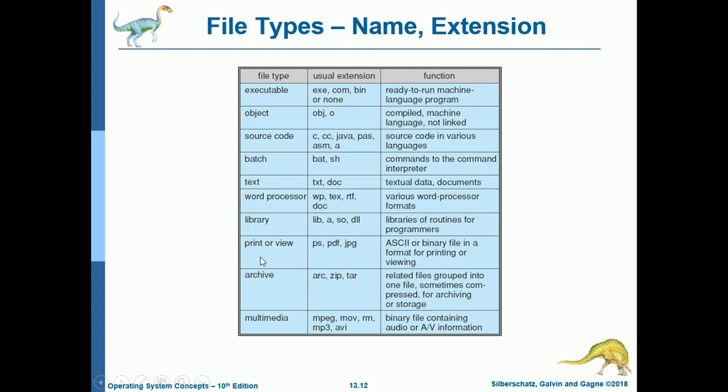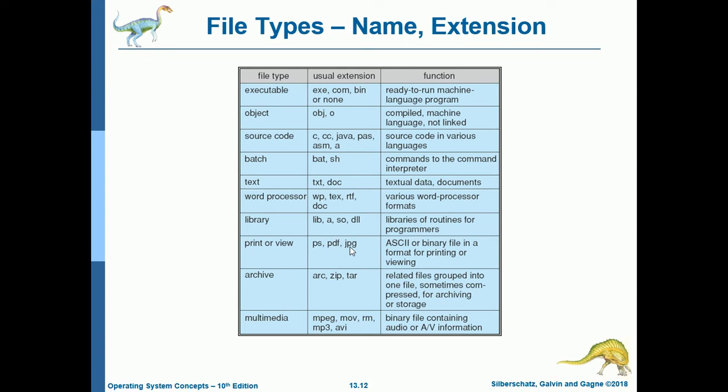And then for the print or view file type, we have .ps, .pdf, or .jpg. So .ps may be in Photoshop, and PDF is Adobe Acrobat Reader, portable document file, and .jpg is an image file.